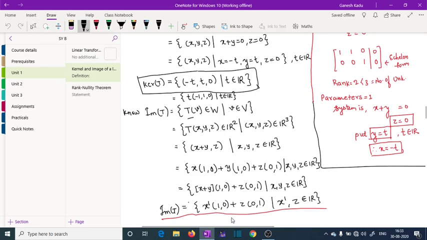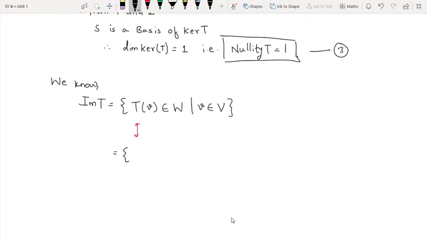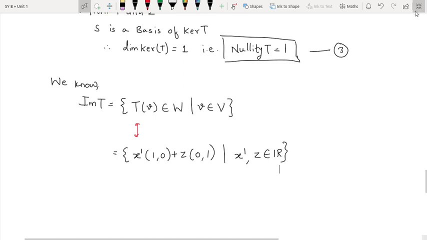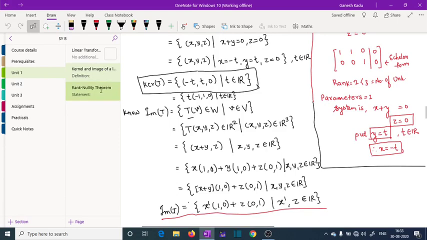So it is of the type x dash times (1, 0) plus z times (0, 1), such that x dash and z belong to R. I hope I am right? Yeah, (1, 0) and (0, 1), that is fine.